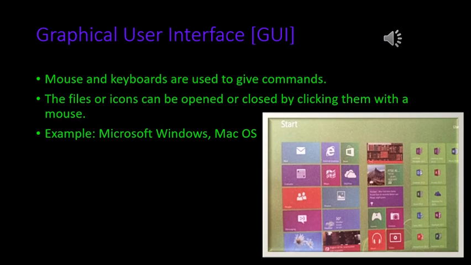User performs the task without typing the commands from the keyboard. The files or icons can be opened or closed by clicking them with a mouse button. In addition to this, the mouse and keyboard are used to control the GUI operating systems for several purposes.